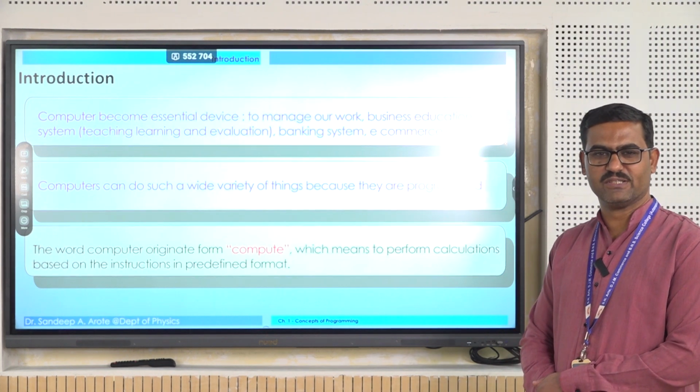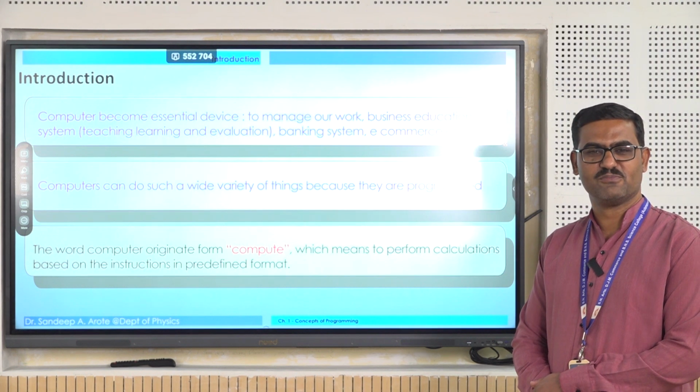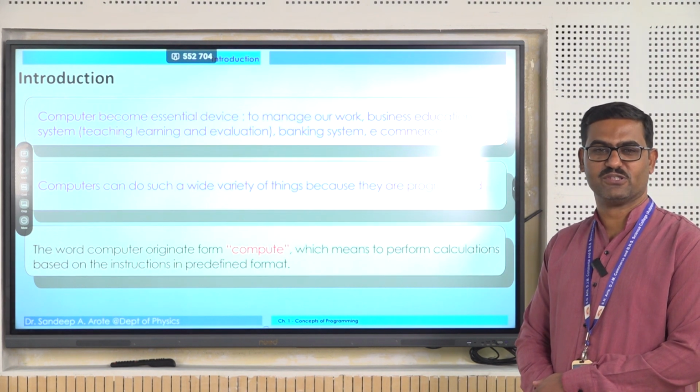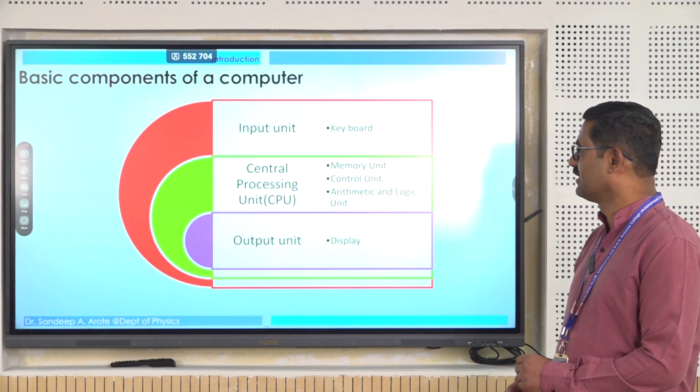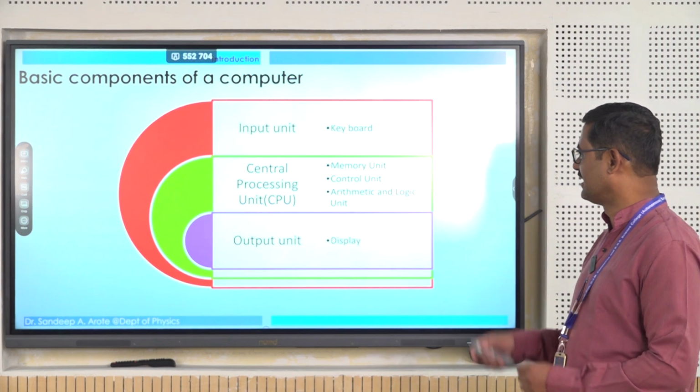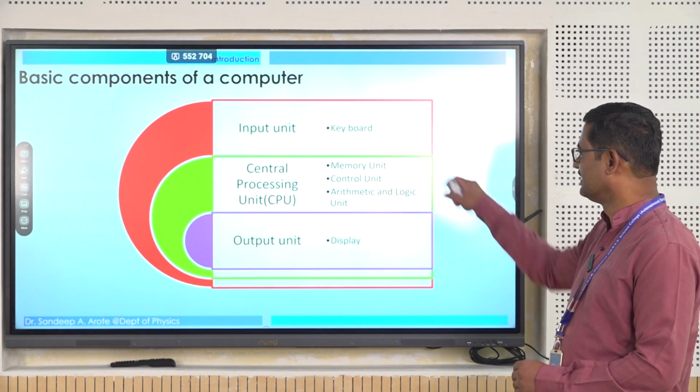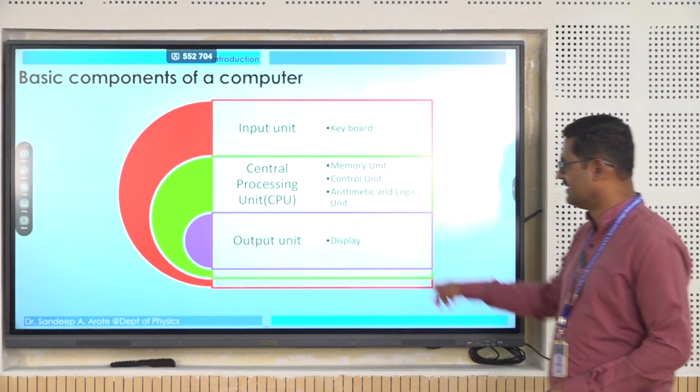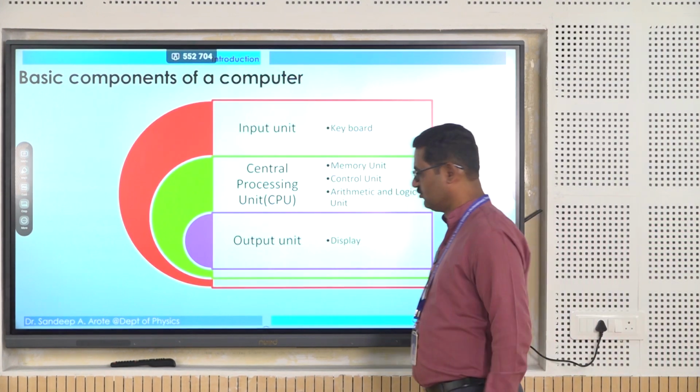Now to understand a computer, we must understand the basic components of a computer. A computer basically has three basic components. The first is the input unit, then the central processing unit and the output unit.